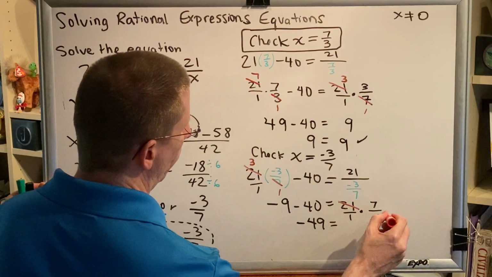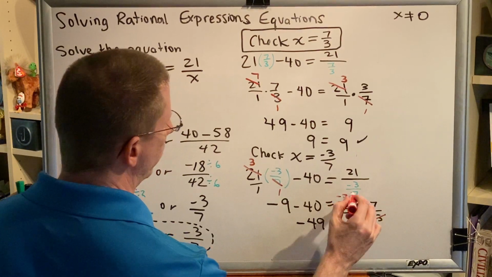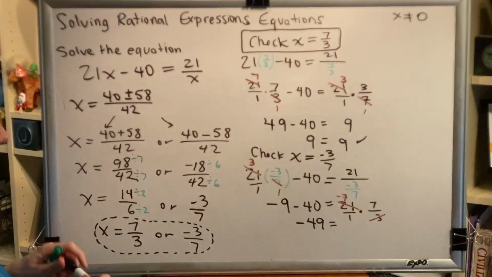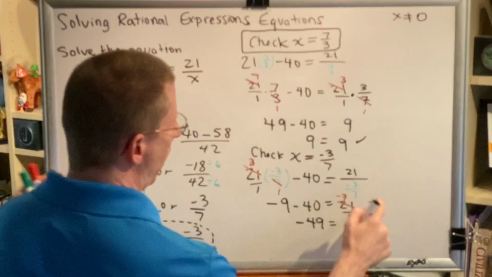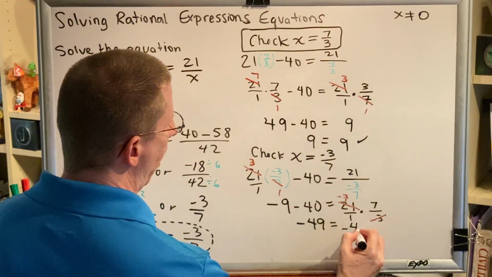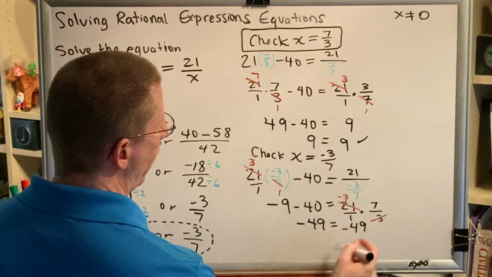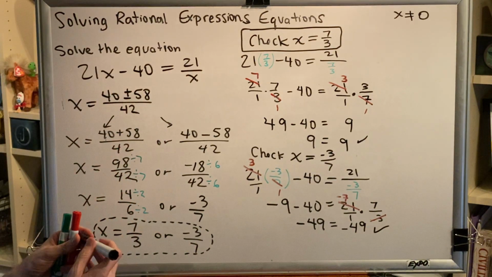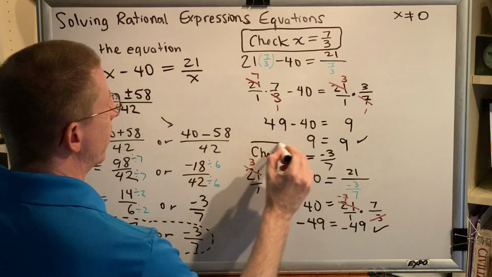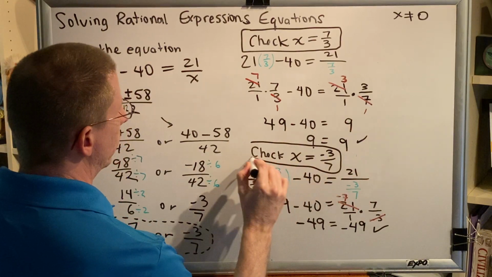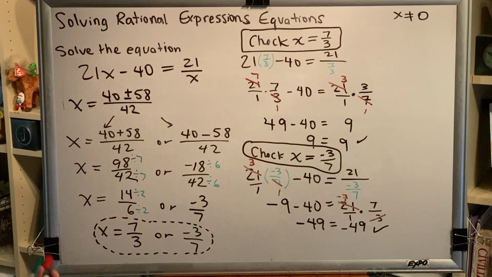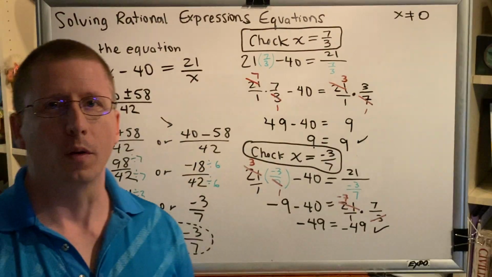So I will cancel both of those and write my negative 7. And negative 7 times positive 7 is negative 49. So the left side and the right side match, and that verifies that this answer is also correct. And with that, we have completed this problem.